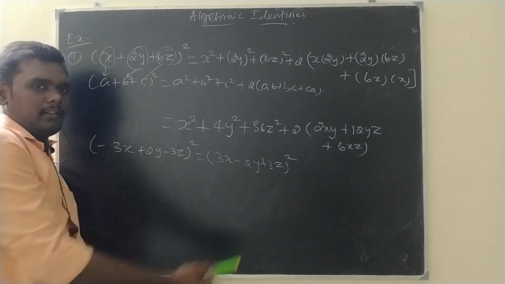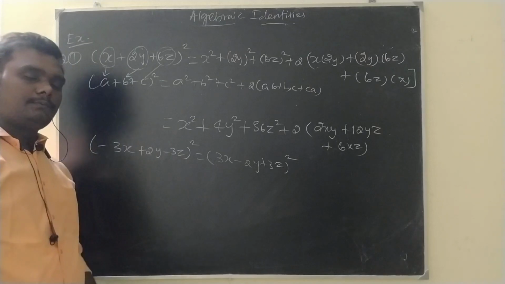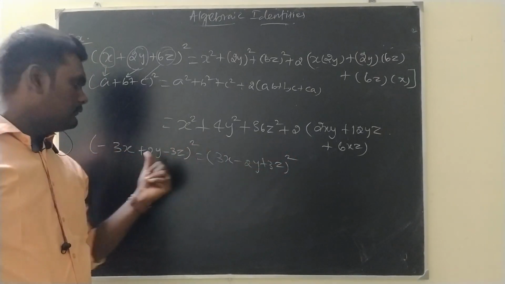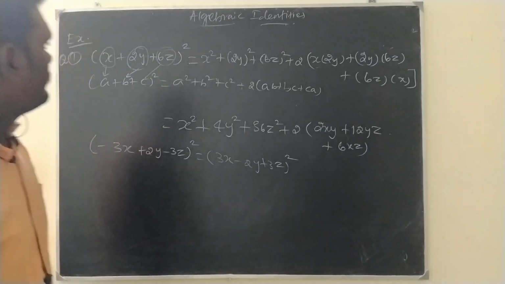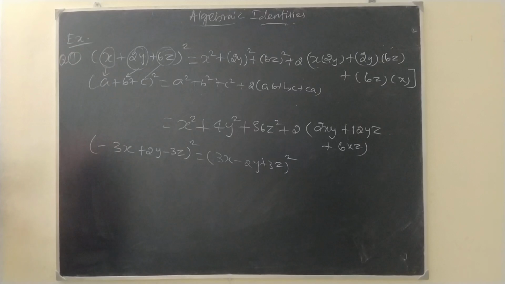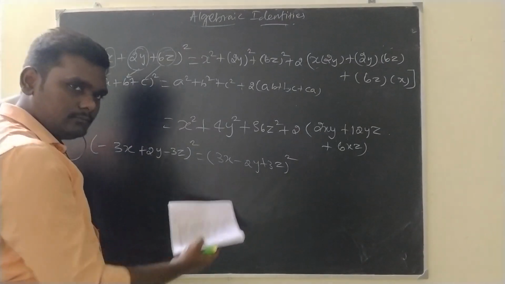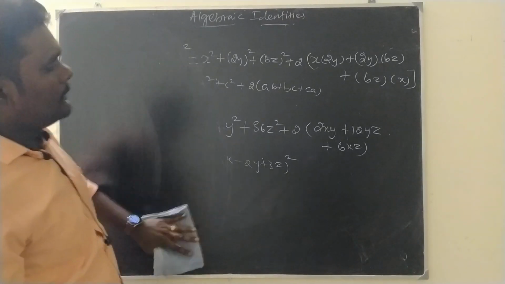This we can simply expand using this identity, but consider this B as negative. But if you don't know how to do this, don't do this. Better go with this. Clear? Will you do this on your own? Is it very tough? Okay, good. Now the next one.